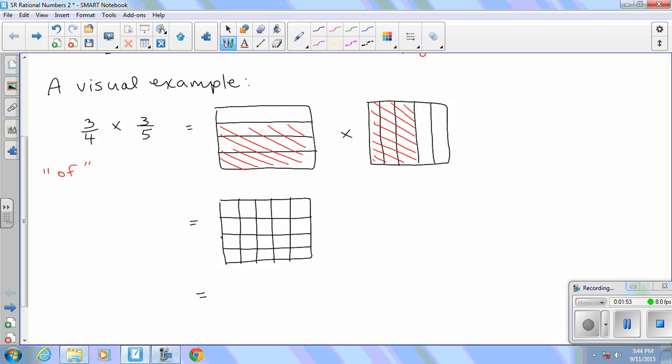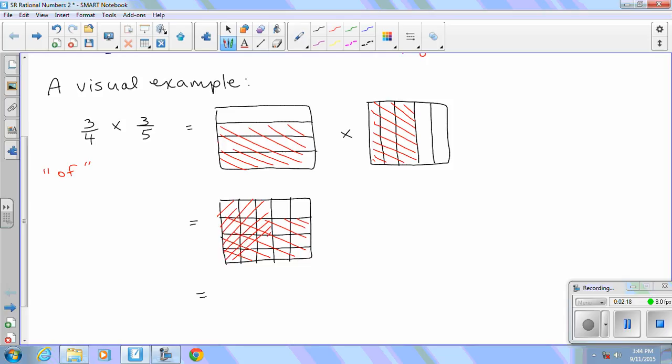So 3/4 of 3/5, you can think of it as overlaying those two and shading in what's in common. So there's my 3/4, and here's my 3/5. It's the first 3 sections here.